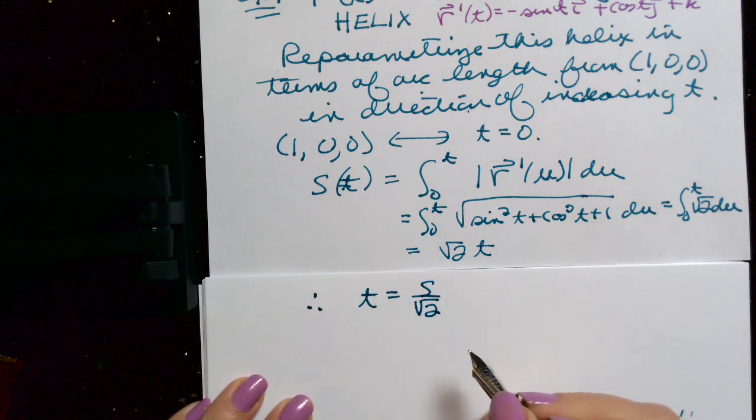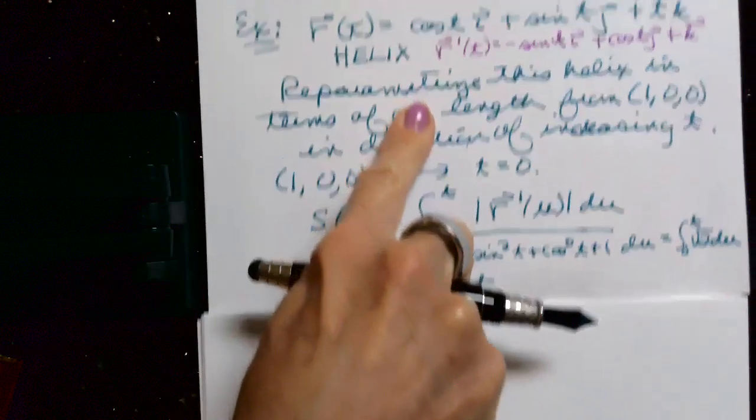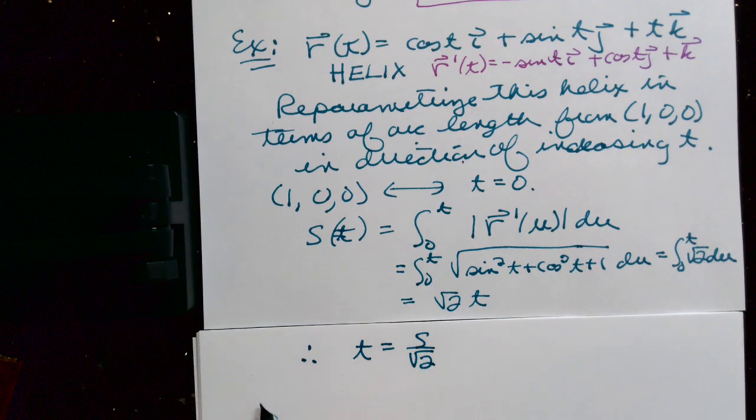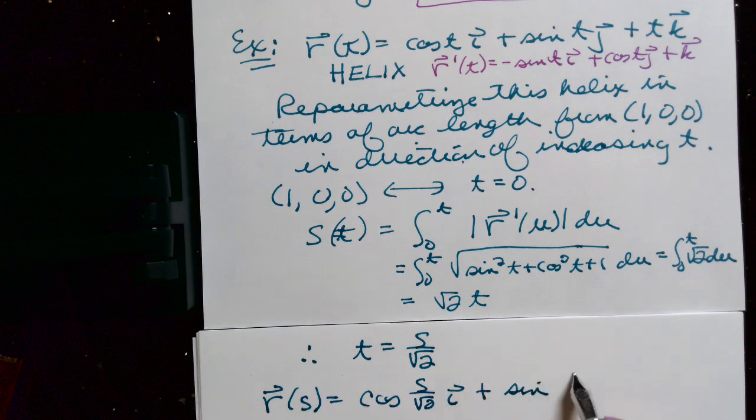Okay, so if I want to reparameterize my helix in terms of the arc length variable instead of t, then r of s is exactly cosine of s over the square root of 2 i plus sine of s over the square root of 2 j plus s over the square root of 2 times k.